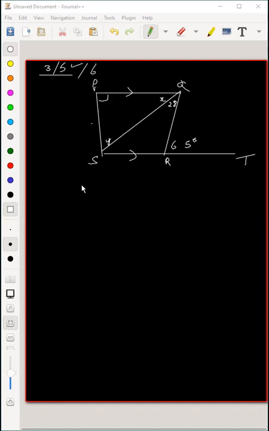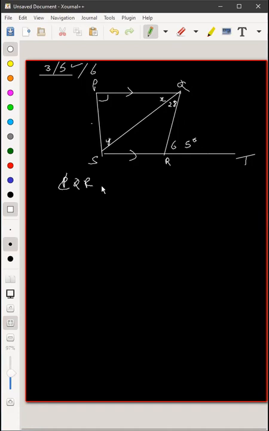We'll take PQR and QRT because they are alternate angles. Angle PQR is equal to angle QRT, alternate interior angles, correct? Then angle QRT will be X plus 28 degrees, which is equal to 65. So what is X? X is equal to 37, which is 65 minus 28.